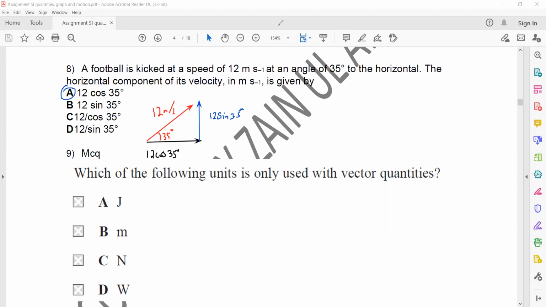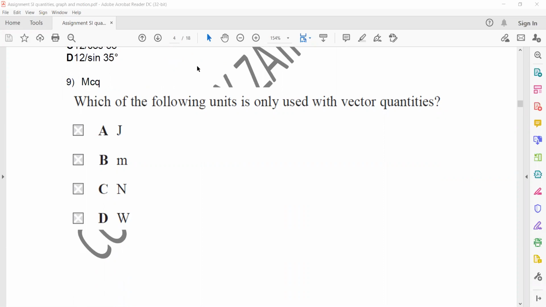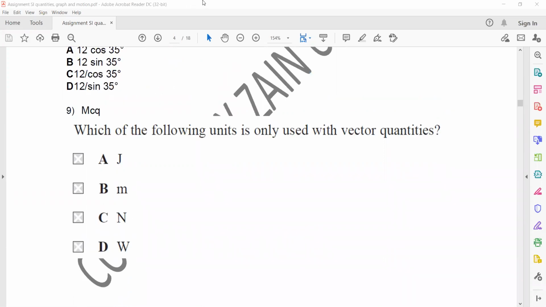Question 9, which of the following units is only used with vector quantities? So joule, it's a unit of work or energy, and work and energy are scalar. Meter is a unit for distance and displacement, where distance is a scalar quantity and displacement is a vector, so it can be used for scalar and it can be used for vector.